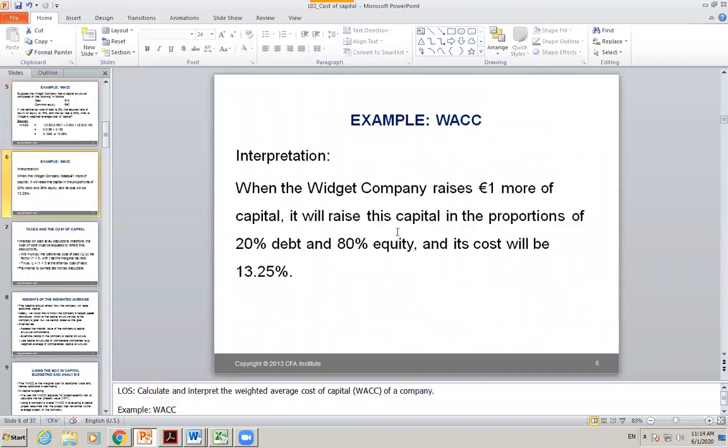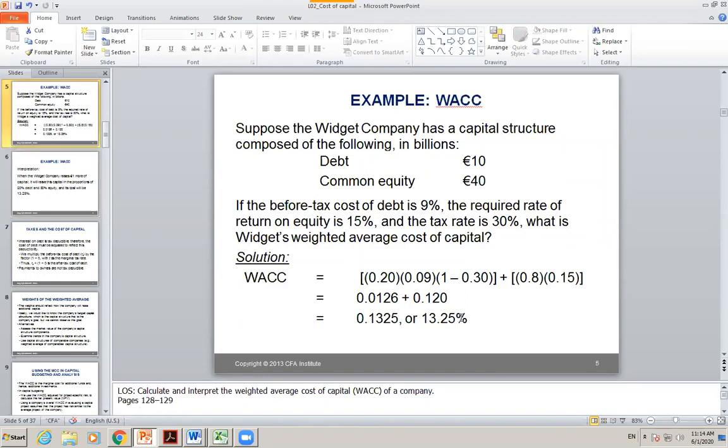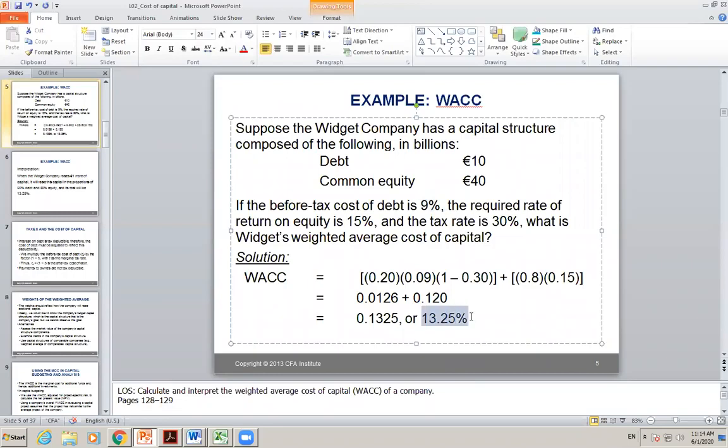So in this example, what we get here is 13.25%, as you substitute the numbers and calculate it. And this is what we use to calculate NPV, actually. We use this discount rate, or required rate of return, or cost of capital in NPV.